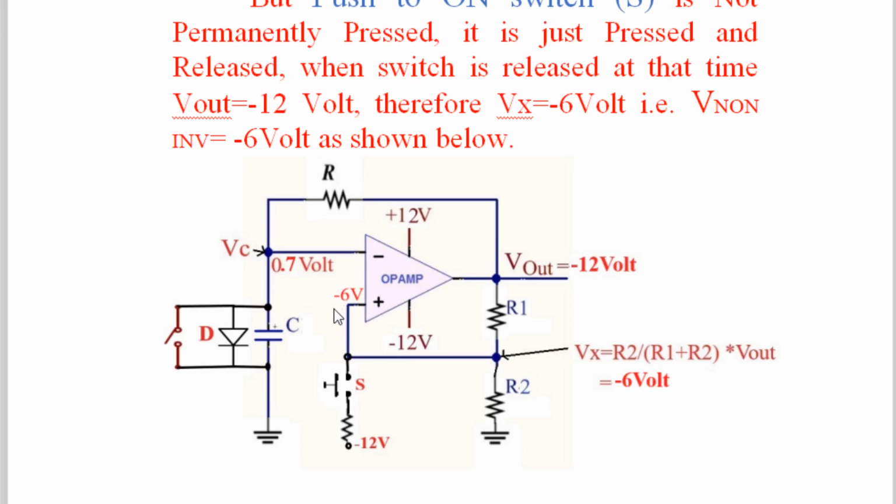If you throw it to -9, the capacitor will discharge from 0.7 volt to 0 volt, 0 to -1, -2, like that, to -9.01. So the R1 and R2 values are more important in deciding the voltage at the non-inverting pin. Or you can select R1 and R2 such that this is -3 volt also. So the capacitor will take very little time to charge in reverse direction to -3 point something volt, -3.01 volt.